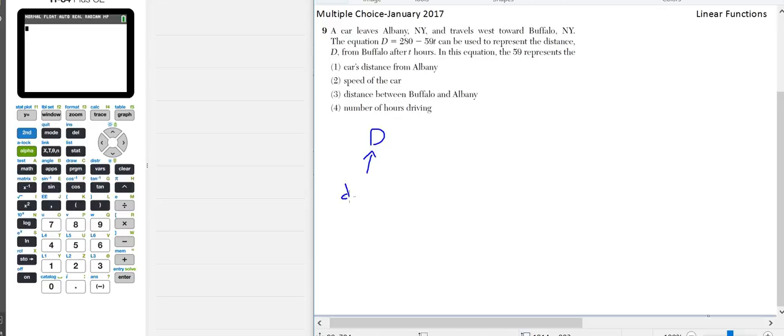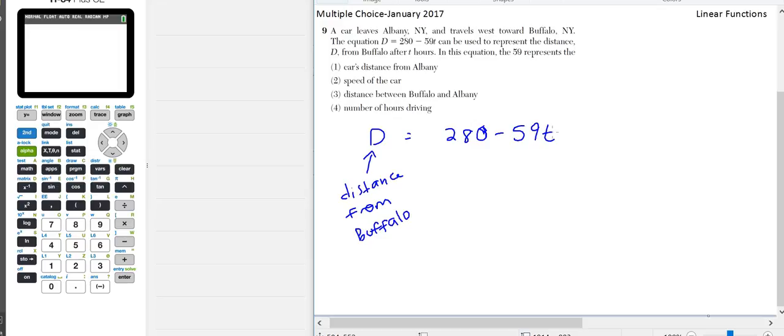This is the distance from Buffalo. d is equal to 280 minus 59t. So we start out with 280. 280 represents our initial distance from Albany to Buffalo, the total distance.